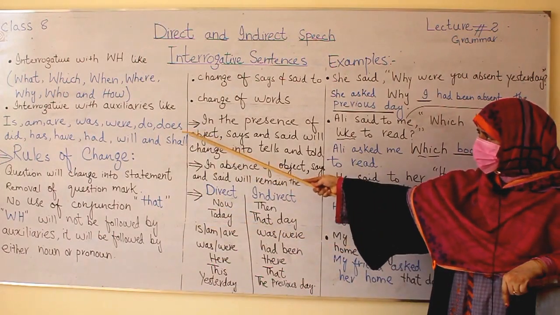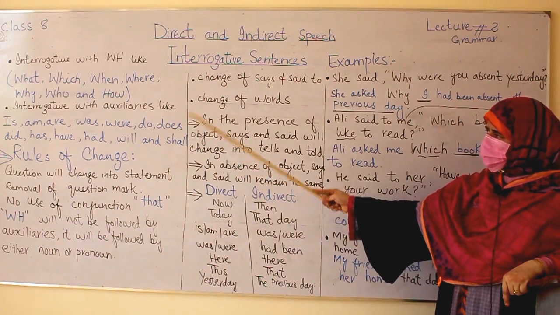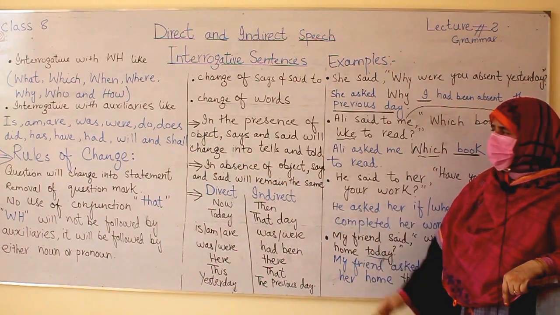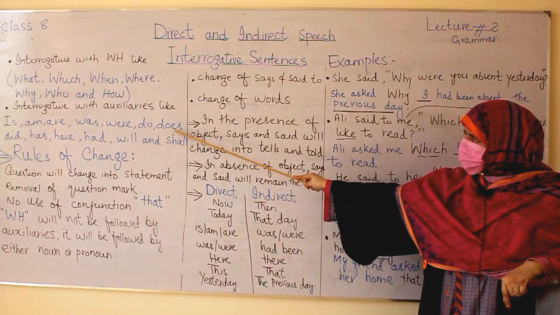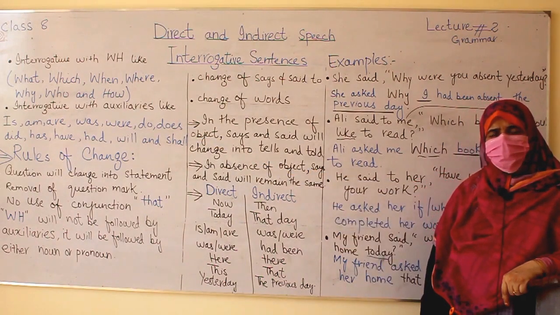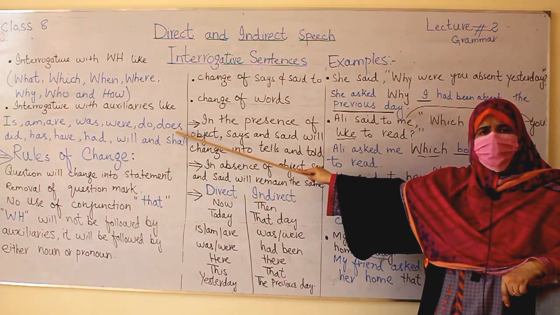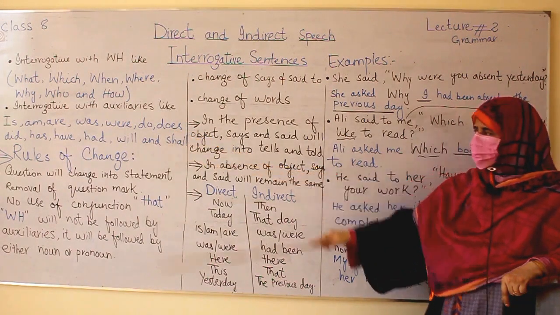Because this is present, both auxiliaries we are using for present tense, so we have to change that into past. My mother said, does she take interest in her studies? My mother asked if she took interest in her studies.